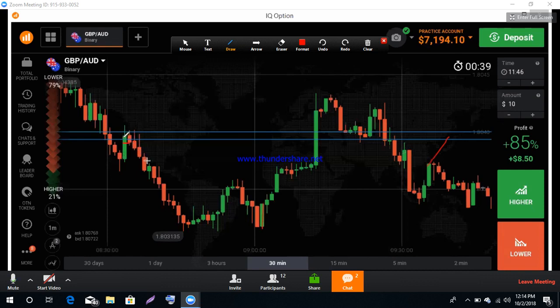It may close here, there is no problem. It can be closed here or here, there is no problem, but this candle should not close above the level.